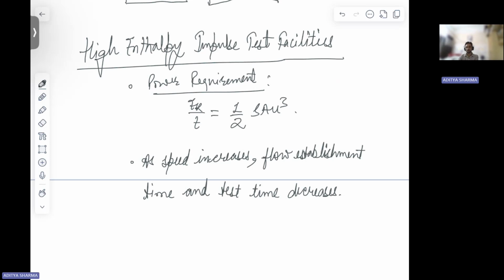Test time is the amount of time for which you want to run the facility to get useful data, right?